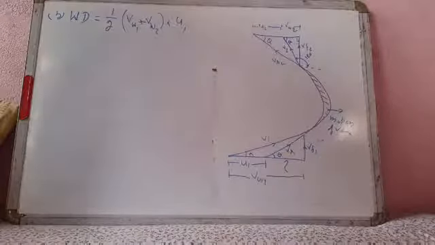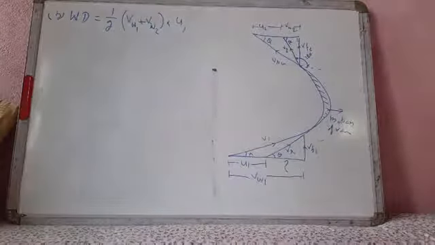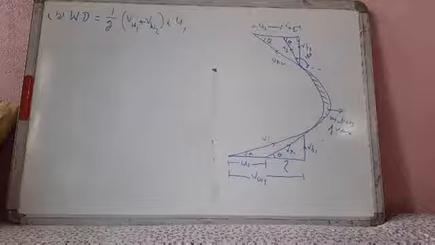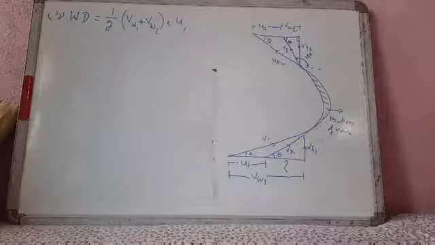So here putting the values of VW1 and U1, the value of VW2 is obtained from the outlet velocity triangle.